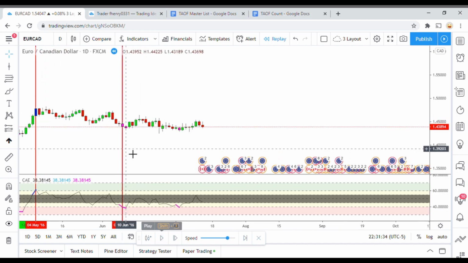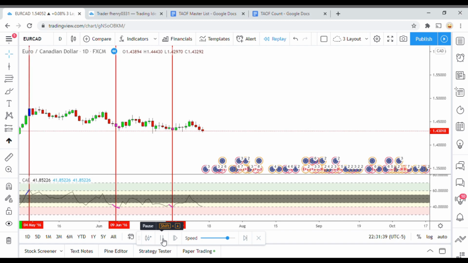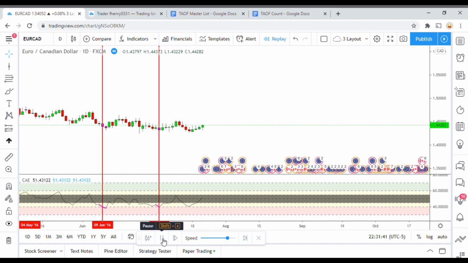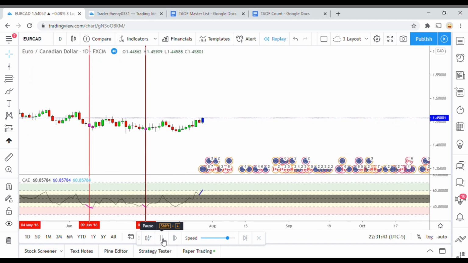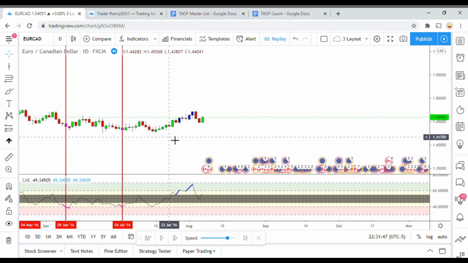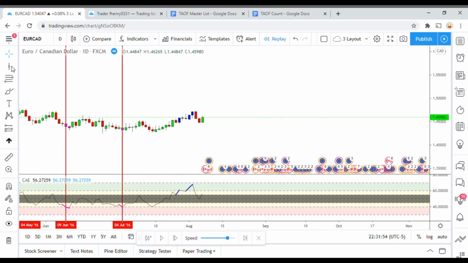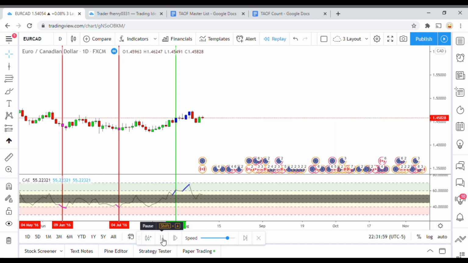Pick up a short right there for just a moment. That one, unfortunately, did not work out for us either. And there is a long there on that one. That got us to take profit. That one worked out for us.